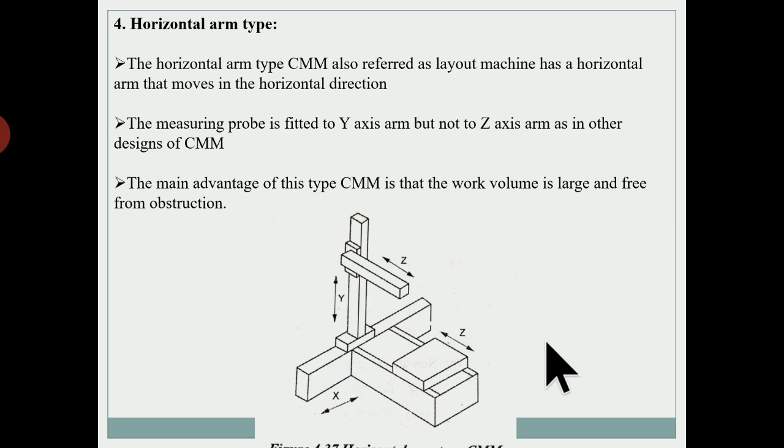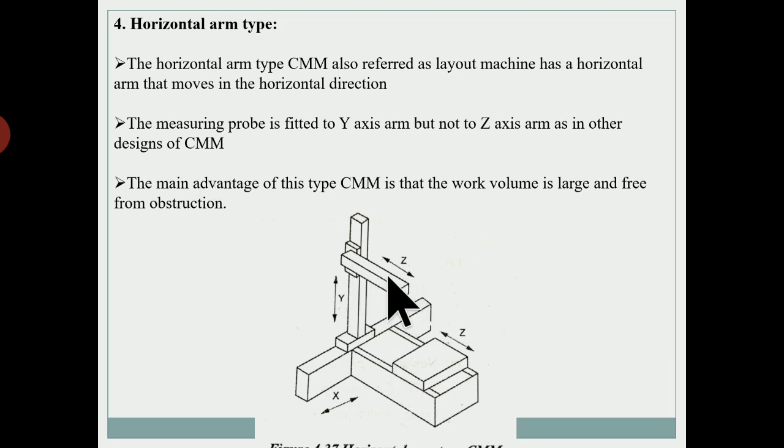Then next, horizontal arm type CMM. The horizontal arm type CMM, also referred as layout machine, has a horizontal arm that moves in horizontal direction. The measuring probe is fitted to Y axis, but not to Z axis arm as in other designs of CMM.